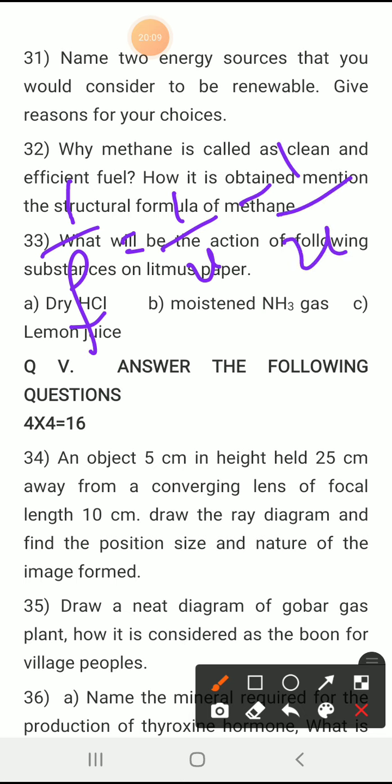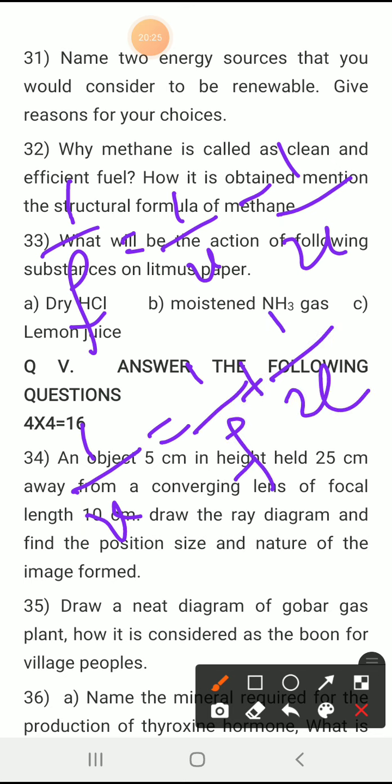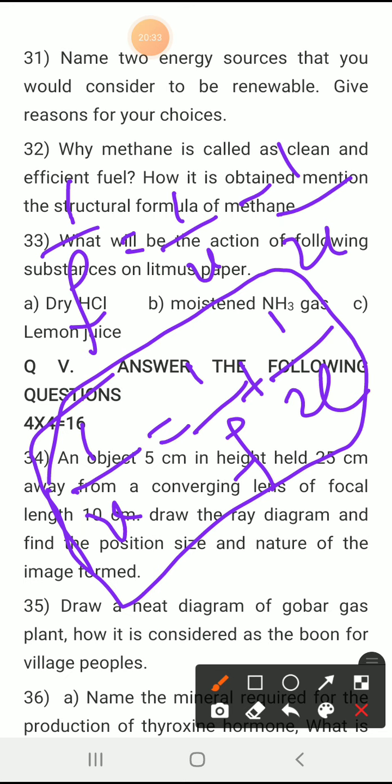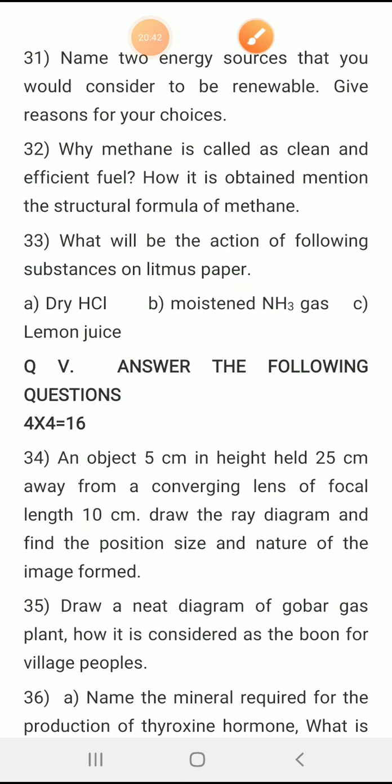But I need 1 by v, the image distance, so it becomes 1 by v is equal to 1 by f plus 1 by u. Got it? Kindly write this down. This formula becomes so because we need v.